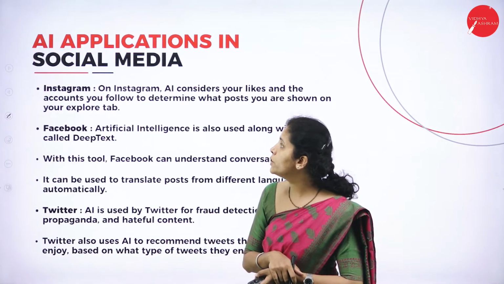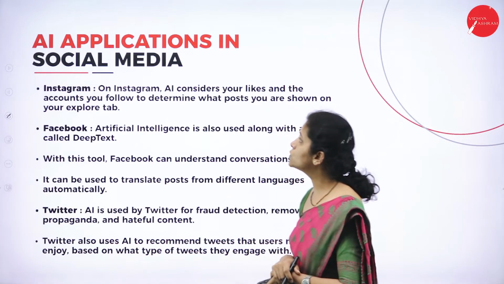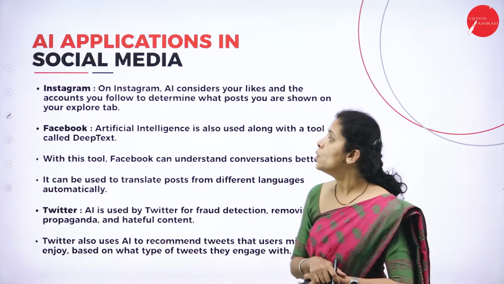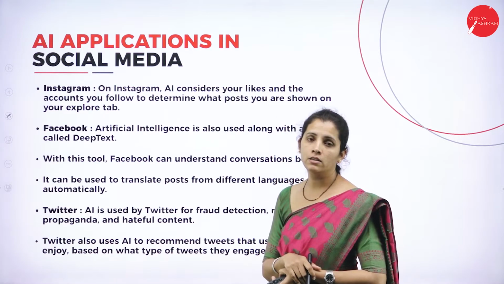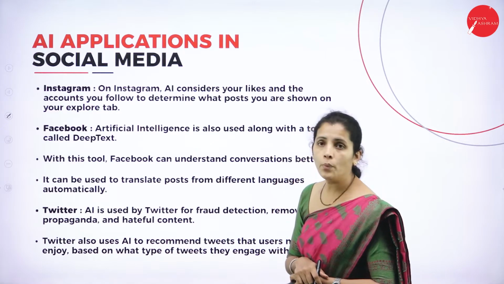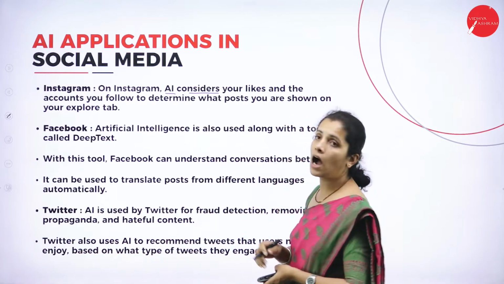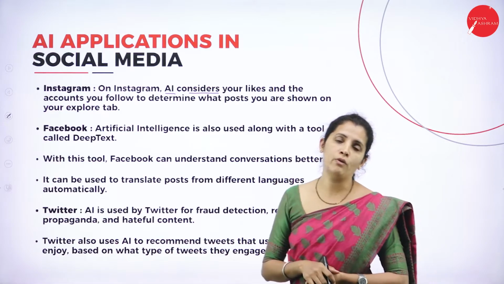Moving further, I'm going to cover the last application, that is social media. If I consider social media, we have Instagram, Facebook, Twitter, WhatsApp, etc. Now, if I go with Instagram, AI considers our likes and the accounts we follow.